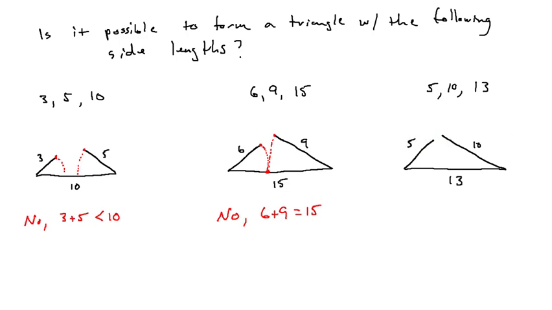And what we'll see is that if we started to fold them in, they would meet, and they would make a triangle in here. And so that's the idea, is that yes, these make a triangle, and it's because 5 plus 10 is greater than 13. Okay, that's the triangle inequality theorem. It's kind of like a rule.